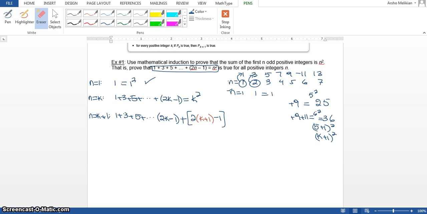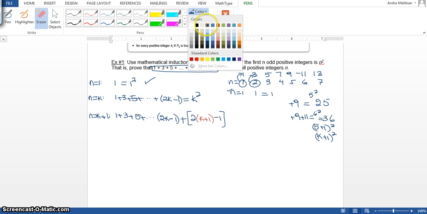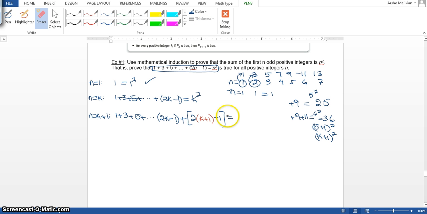Right. So this equals, now to keep this equation balanced, whatever we added here, we should also add to this side. So it's going to be k squared plus the same exact thing that we added here, 2k plus 1 minus 1.